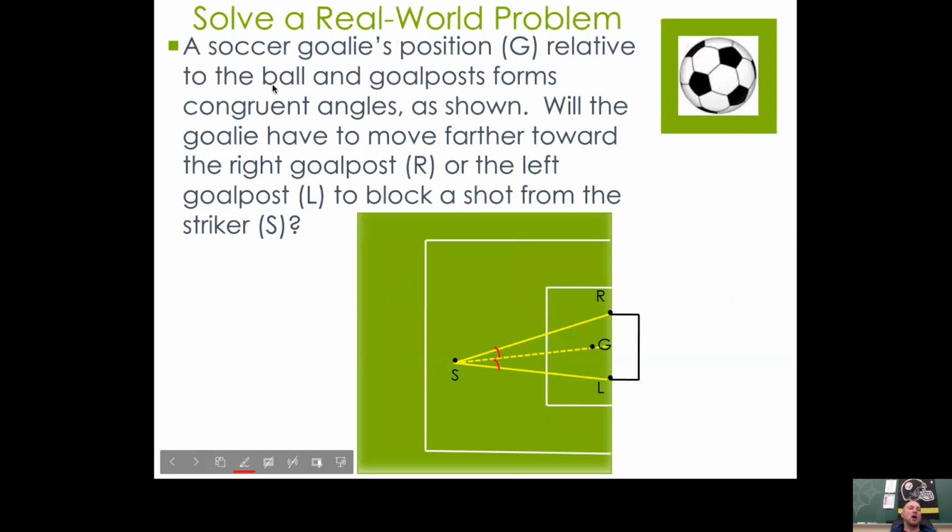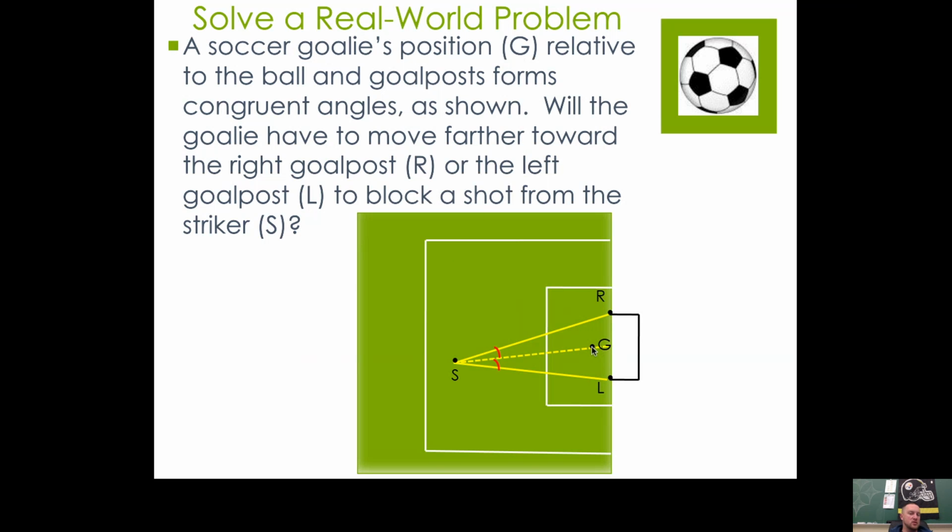Let's solve a real world problem. A soccer goalie's position, that would be G, is relative to the ball and the goalpost, and the shooter, or the striker, we're calling S, has congruent angles. So the goalie is placing himself or herself in this line of fire where this angle is split between the goalposts. Will the goalie have to move farther to the right goalpost or to the left goalpost to block a shot from the striker?